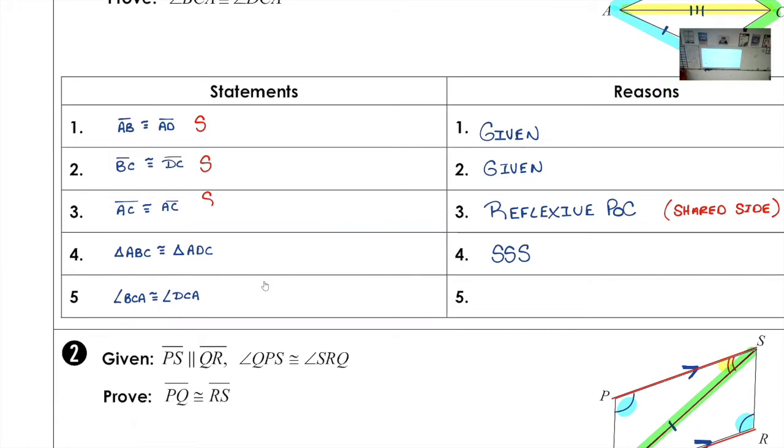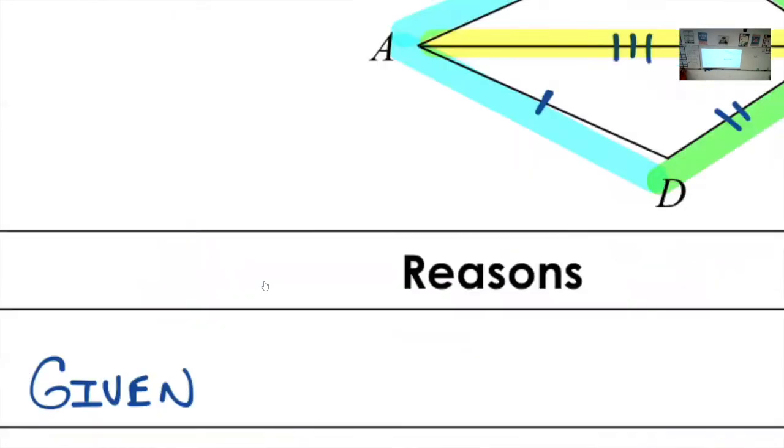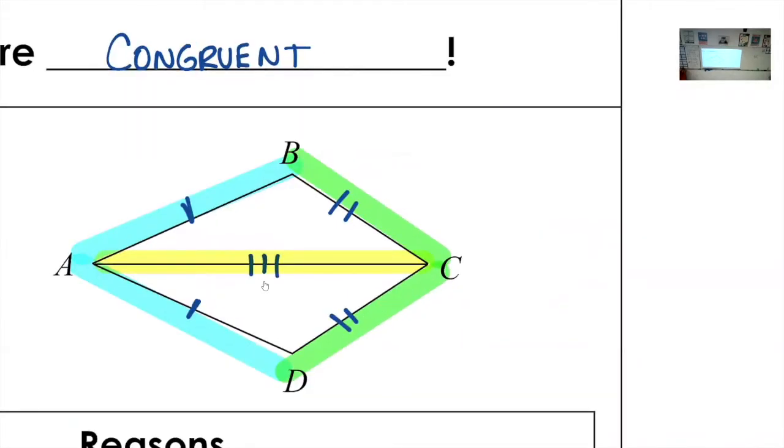But if we look at our prove statement up here, it needs the triangles to be congruent, but it's worried about proving angle BCA to angle DCA, this angle right here. Prior to showing our triangles were congruent, we did not know that.